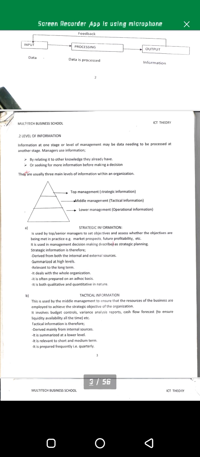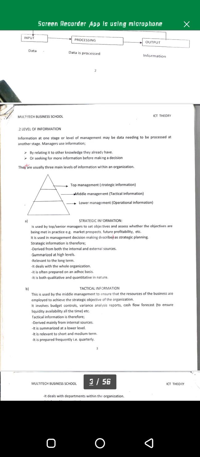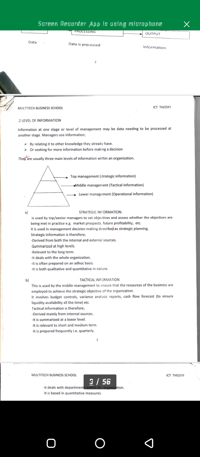There are usually three main levels of information within an organization. So this table is illustrating the various levels of information within an organization.